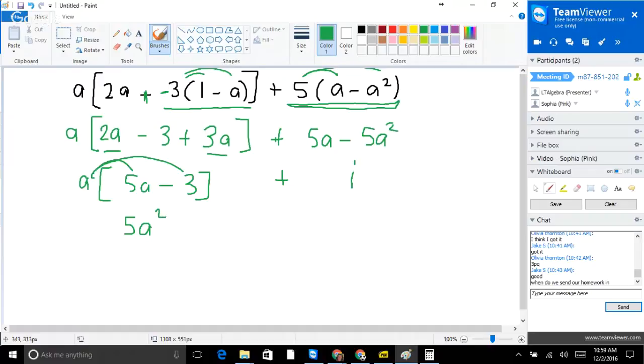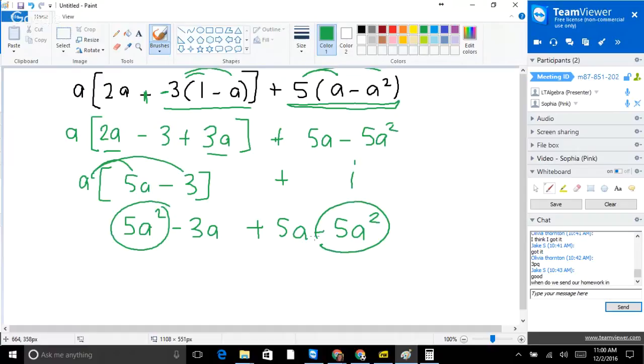What about a times 3? And now we can bring down what's over here, plus 5a minus 5a squared. So 5a squared minus 5a squared, those cancel each other out, right? It's just 2a. That's it.